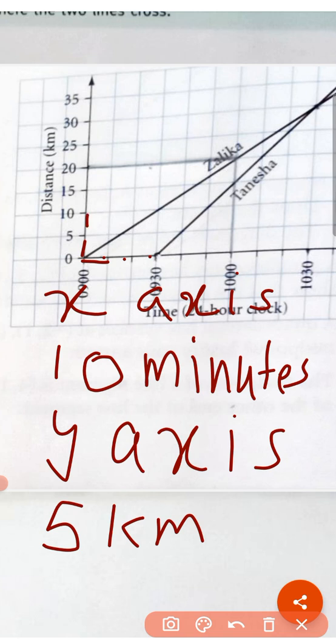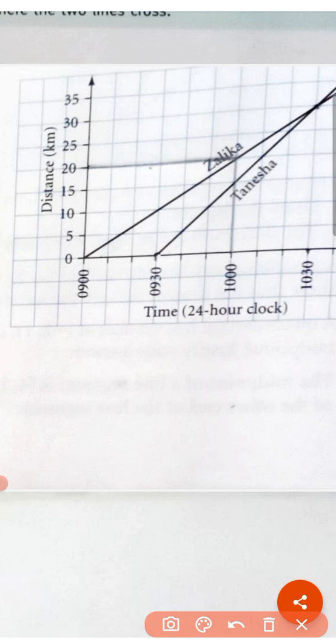And on the x-axis, 3 units, 3 squares, is 30 minutes, so 1 unit is equal to 10 minutes.